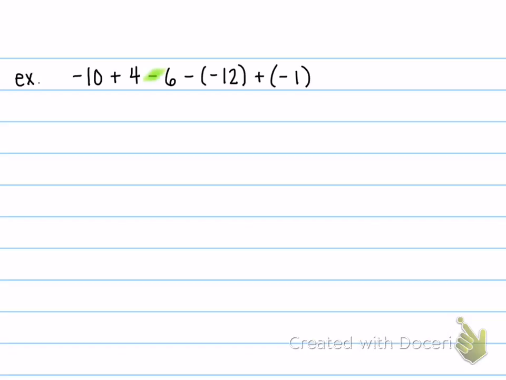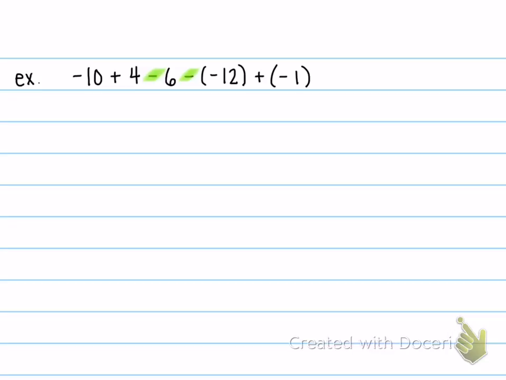This is a subtraction, this is a subtraction, but everything else is either addition or showing a negative number. One of the biggest mistakes people make is they start to change addition problems to subtraction and take the opposite, or even just take the opposite after an addition problem, when you're only supposed to do it in subtraction.